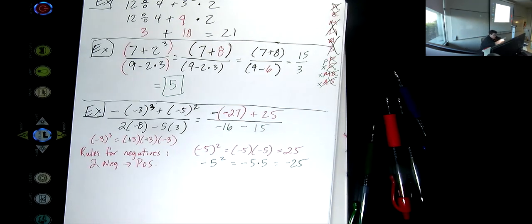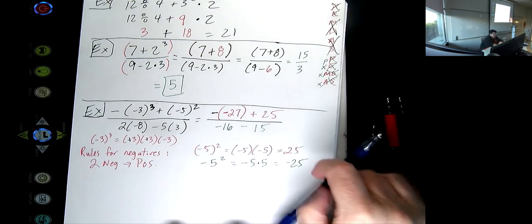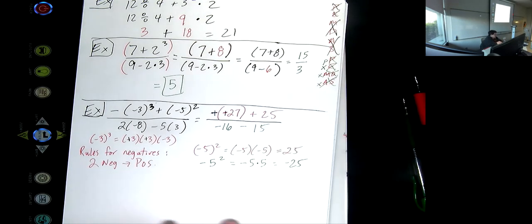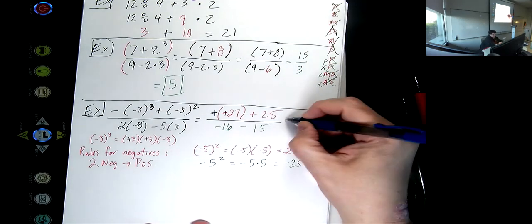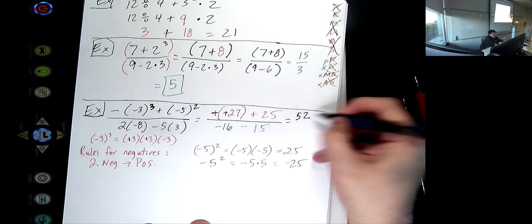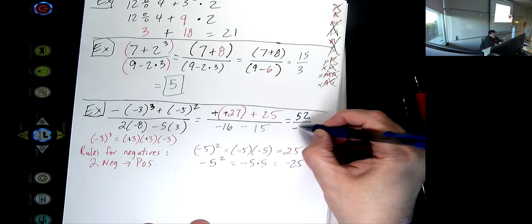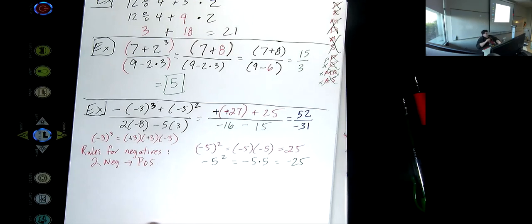All right, again, there's two negatives. They cancel each other out. You can now do it when there's no exponent. And I have 27 plus 25 is 52. And -16 minus 15 is -31. And 31 is a prime number, so this does not simplify.